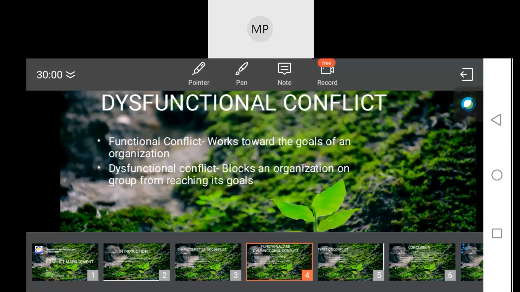Dysfunctional conflict is conflict that leads to decline in communication or the performance of a group. Dysfunctional conflict within an organization usually arises out of egos of employees with competing ambition. Higher degree of stress and employee burnout are the usual outcomes.